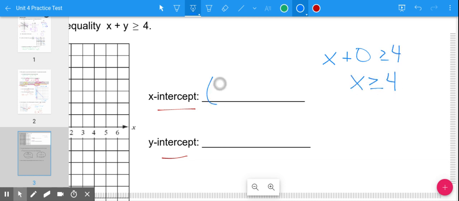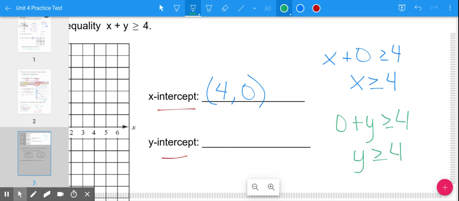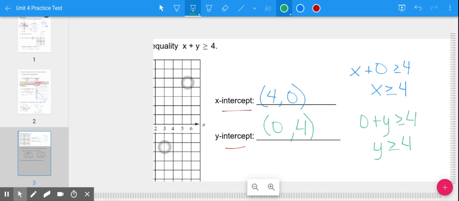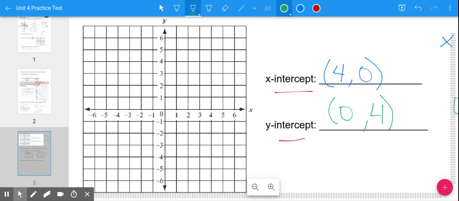This is going to be my x-intercept of (4, 0). Then for my y, I'm going to do 0 + y is greater than or equal to 4, so y is greater than or equal to 4. And this is going to be my y-intercept. I'm going to graph those 2 points: (4, 0) and (0, 4).